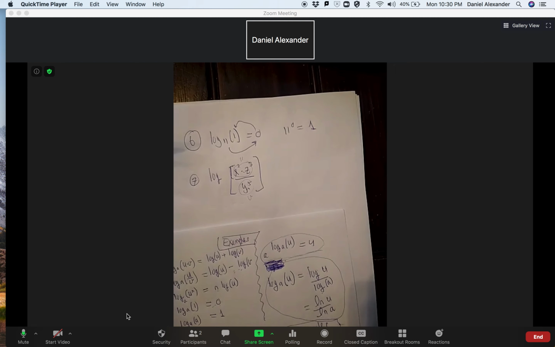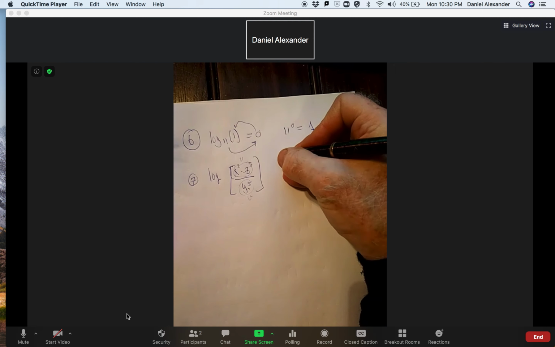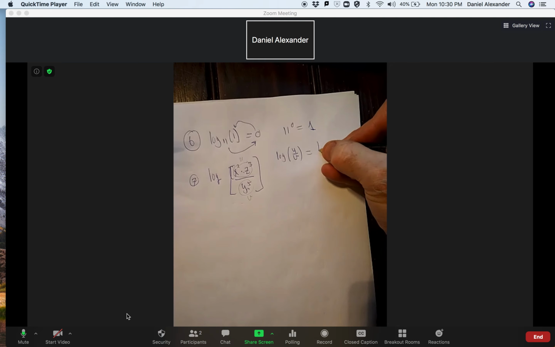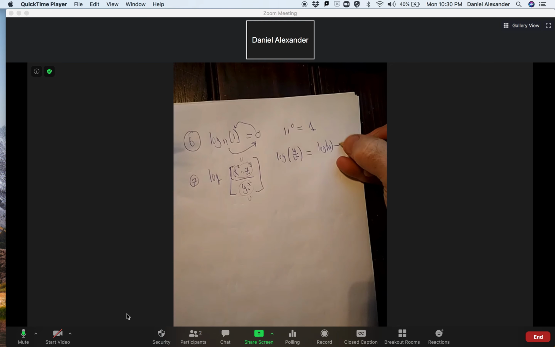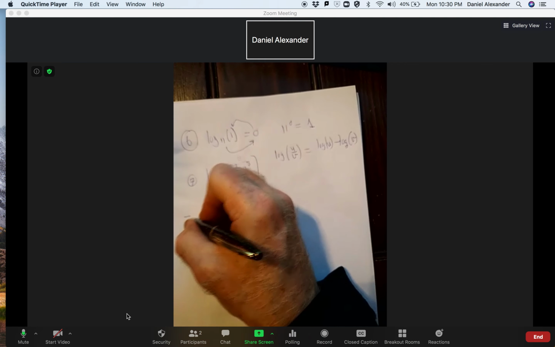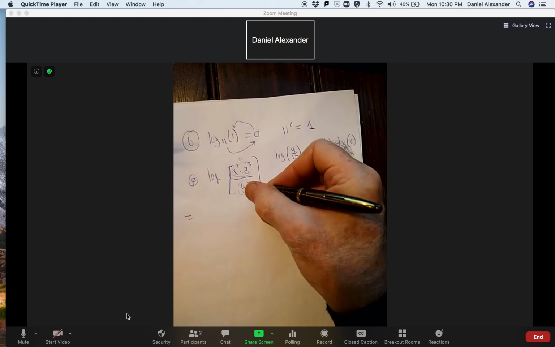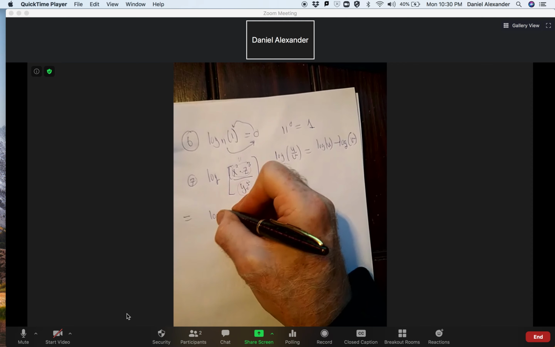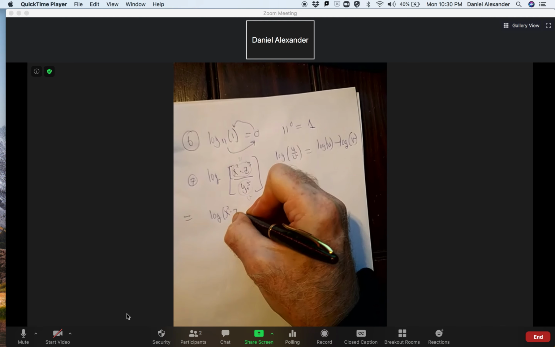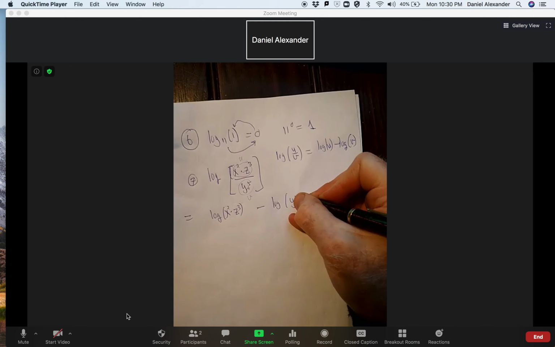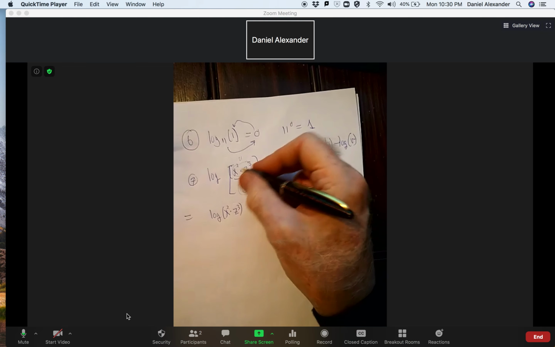So again, I'm going to use the rule log of u over v is equal to log u minus log v. The first thing is, there's going to be a minus. It's going to be the log of the top minus the log of the bottom. This is my v. The top is my u.